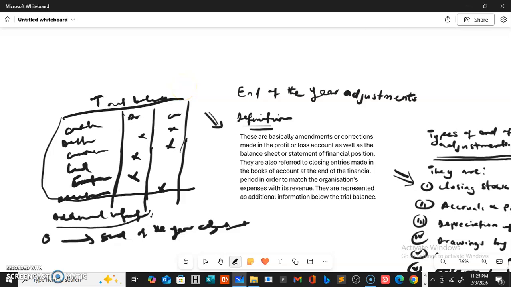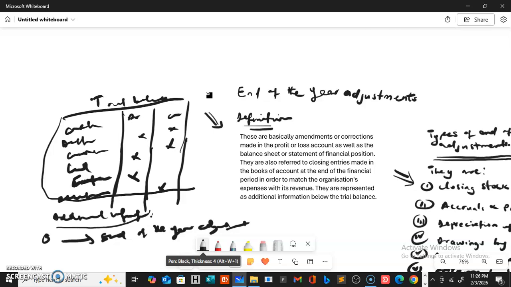Whenever we have this format as presented here on the trial balance, for example, we have capital, debtors, creditors, land and buildings, and other expenses.